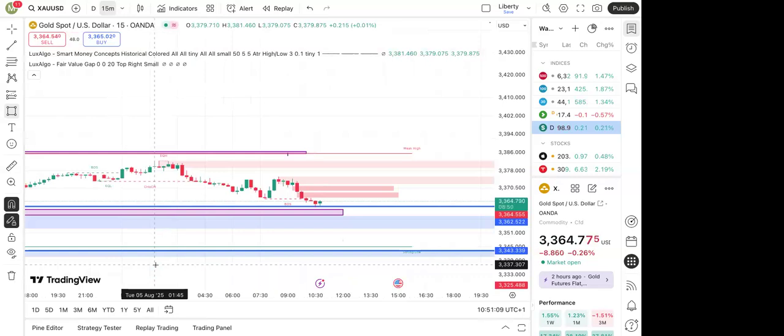So from here we can see where break of structure is. And we can see where our fair value gaps are. And we can see where they stand in relation to our point of interest.